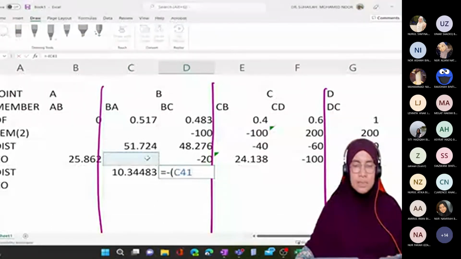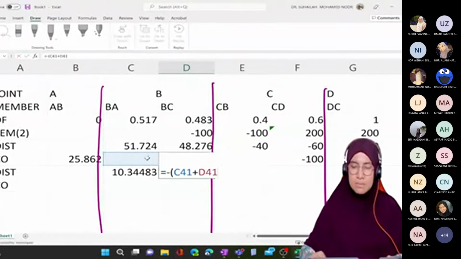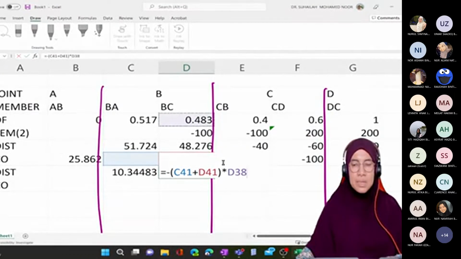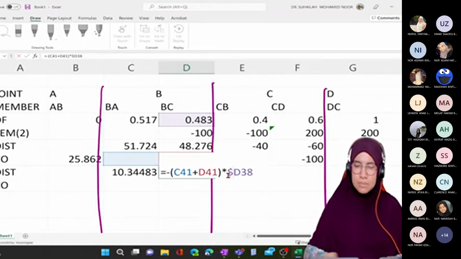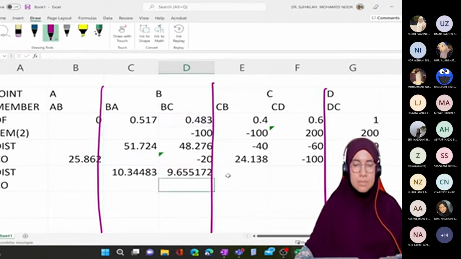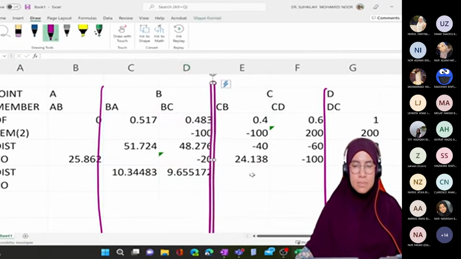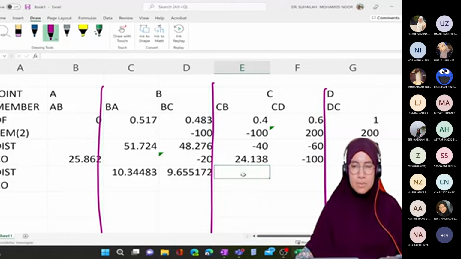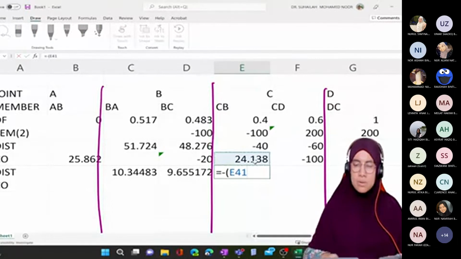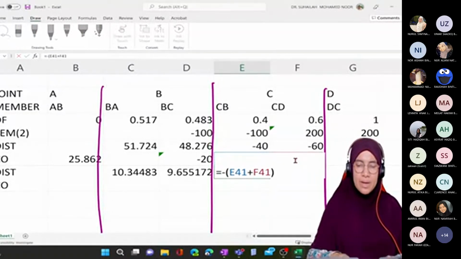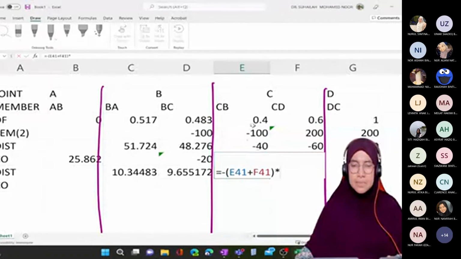Okay. Repeat the same process. It is positive 20 times with factor 0.483. Okay, joint moment, put negative 24 plus negative 100 times factor 0.4.